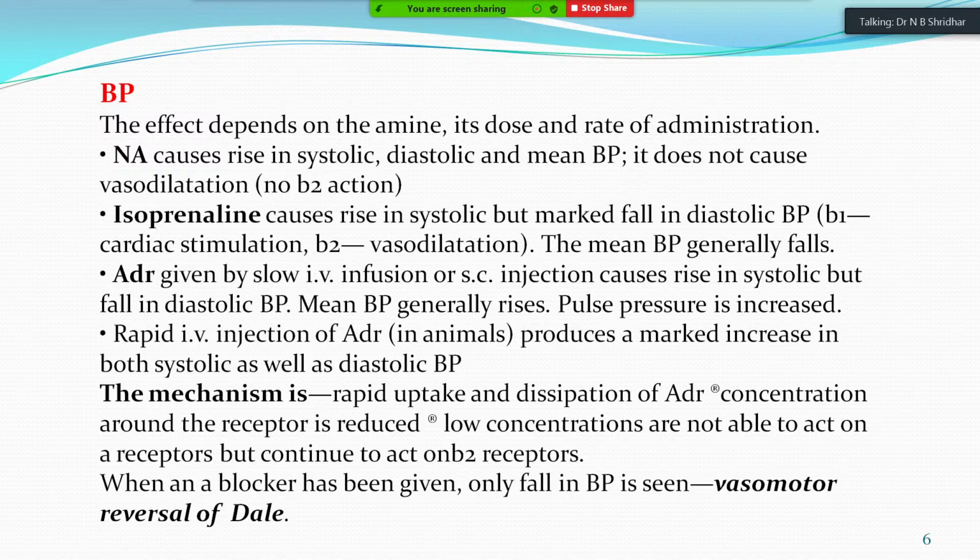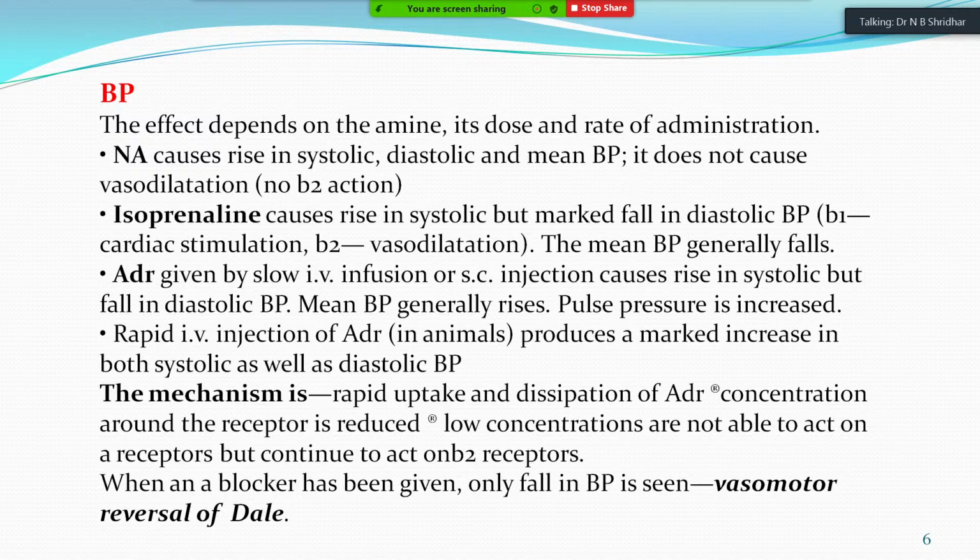This is known as the vasomotor reversal of Sir Henry Dale, or Dale's reversal phenomenon. It is a very frequently asked question, and please remember this.